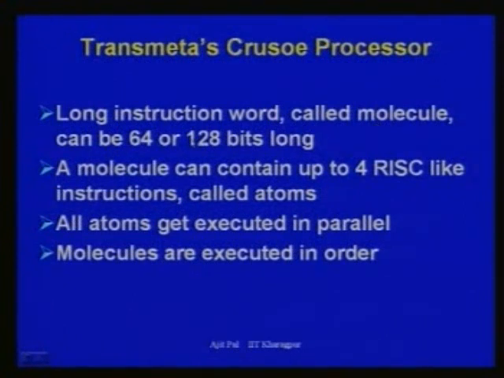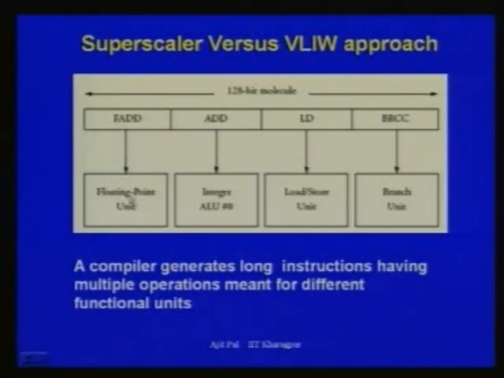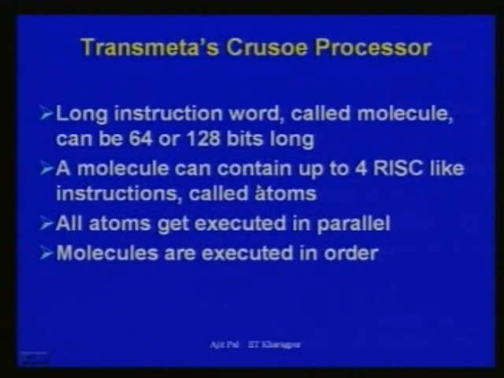Molecule is 64 or 128 bits long, and it can contain up to 4 RISC like instructions, as I have told. So, this is 1 RISC like instruction, another RISC like instruction, another RISC like instruction. So, a single molecule can have 4 RISC like instructions, and all the atoms get executed in parallel because you have 4 different functional units.